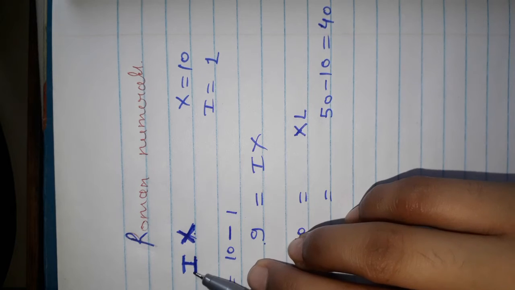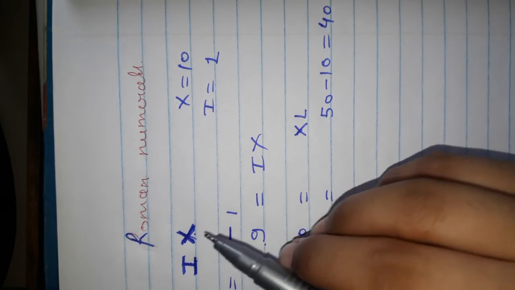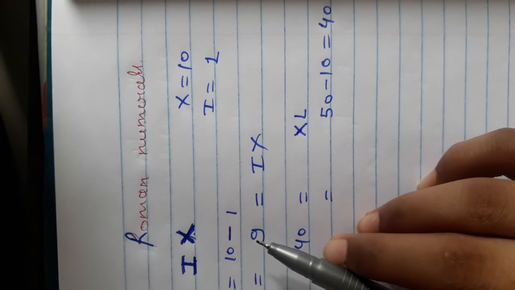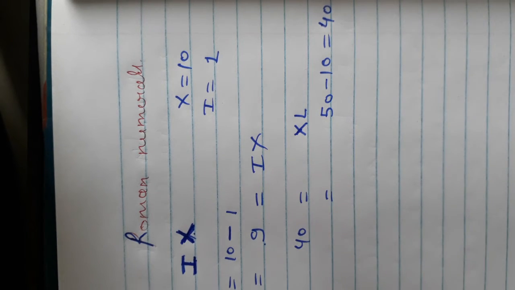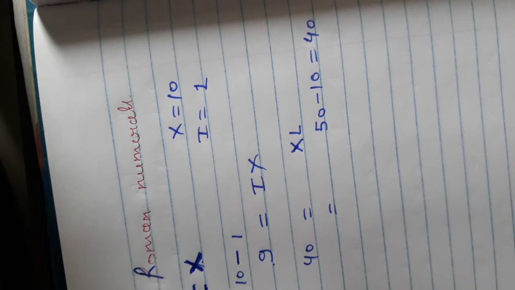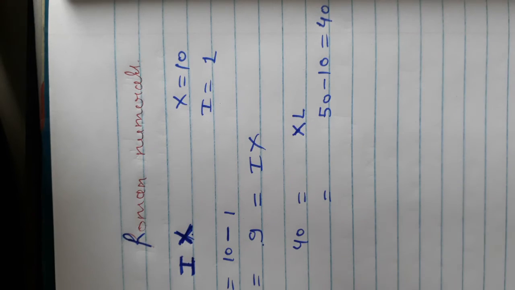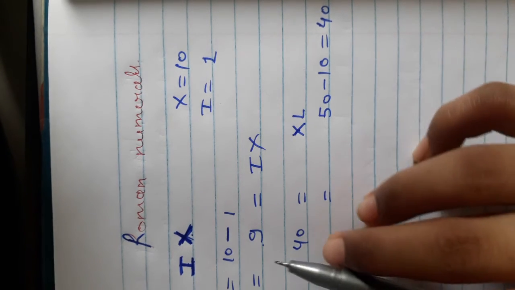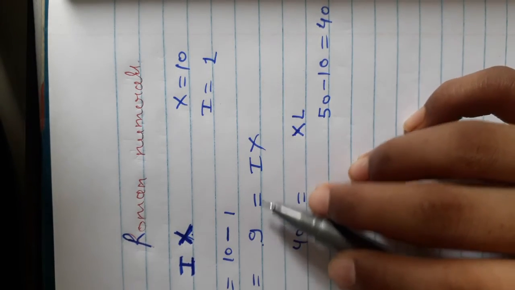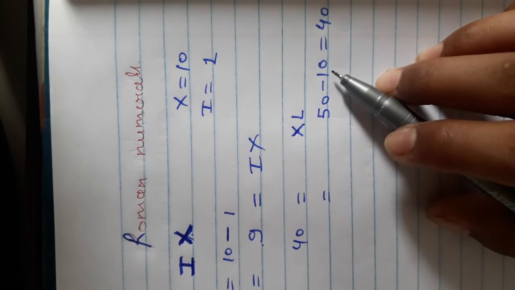Whenever the smaller numeral is written on the left hand side, we always subtract the smaller value from the greater value.